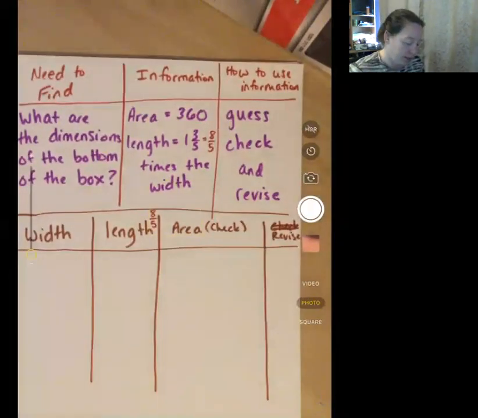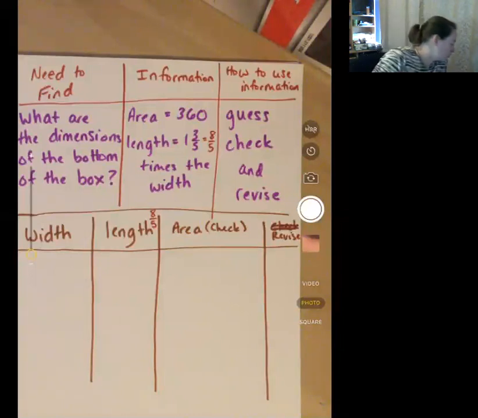So let's go over here. The width, I need it to be equal to 360. That is a lot bigger than 1 3/5. So I think what I'm going to do to start with maybe is just pick a super big number.